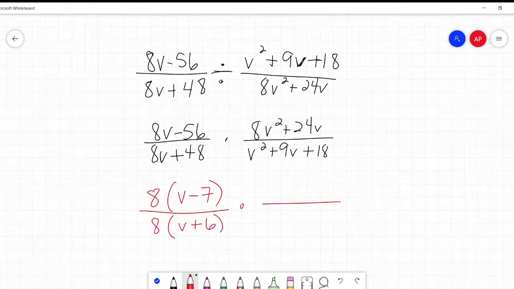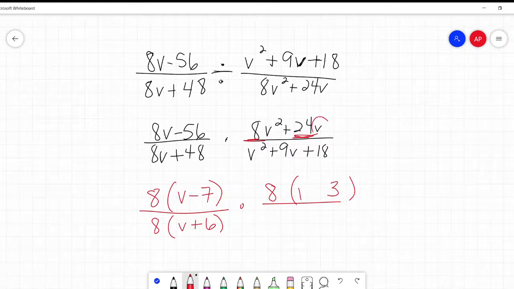All right, on this side, 8v squared plus 24v. Because it doesn't have the constant, the plain number on the end, you're not going to be doing any sort of factoring with parentheses. You are going to pull out a v, though. So what goes into 8 and 24? 8. I pull that out. I am left behind 1 and 3.